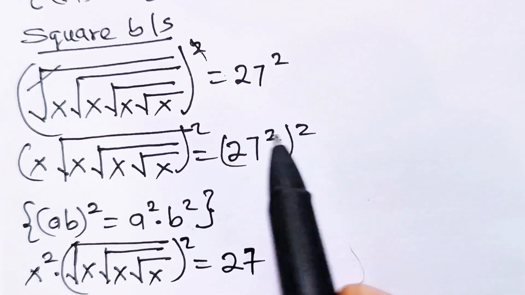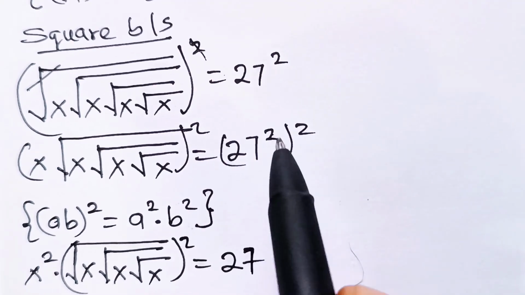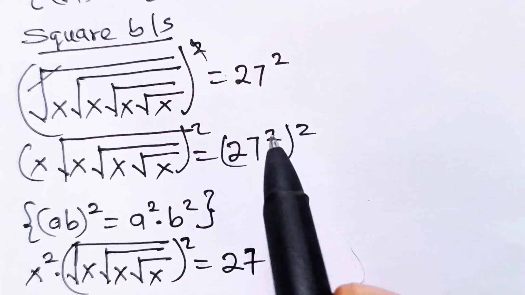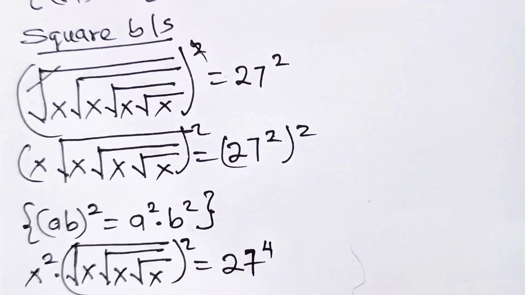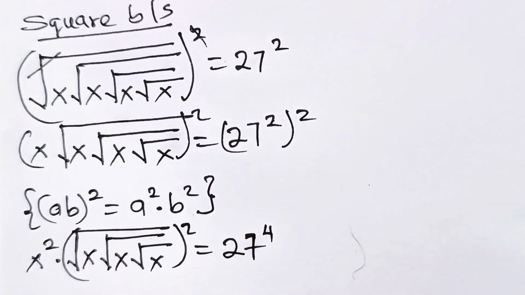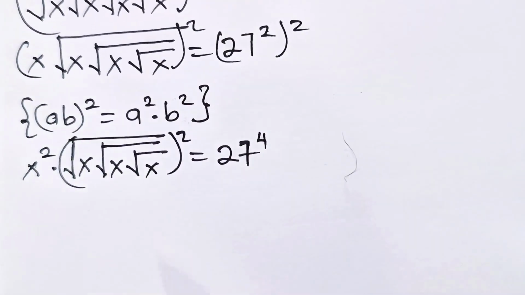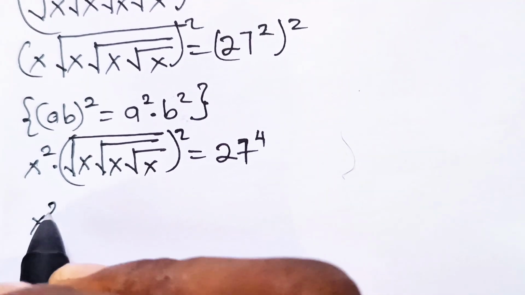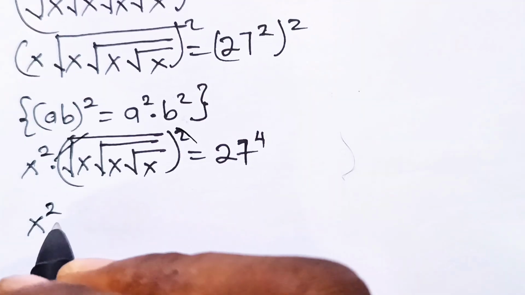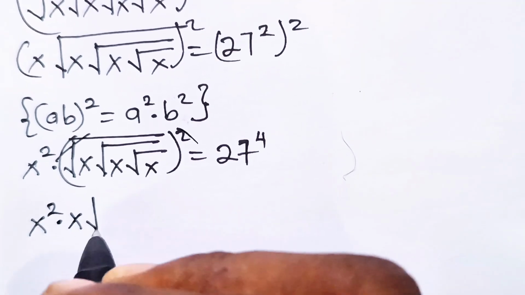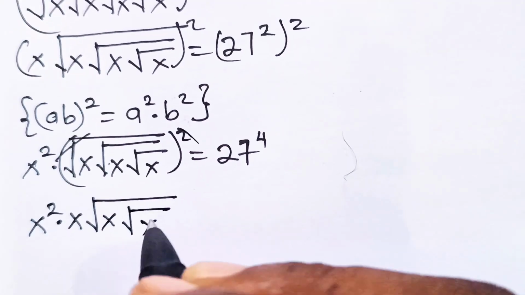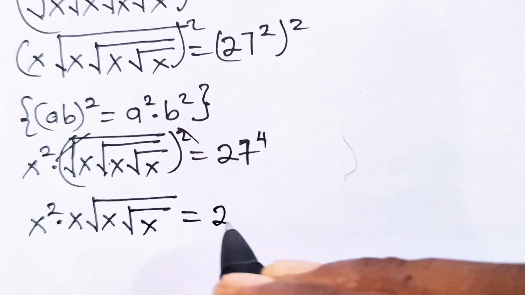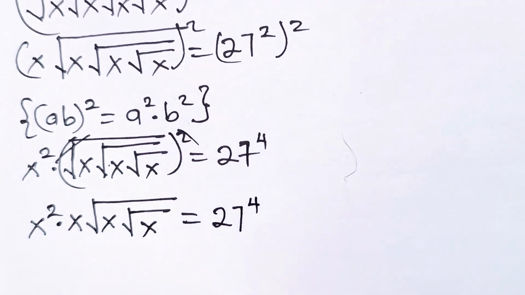Now when you have multiple exponents, you multiply them. 2 times 2 is 4. So what we now have is x squared, then we remove this, we multiply by x, and we are left with root x again, is equal to 27 raised to the power of 4.